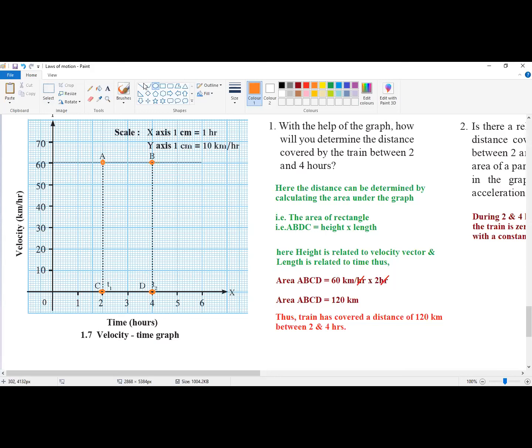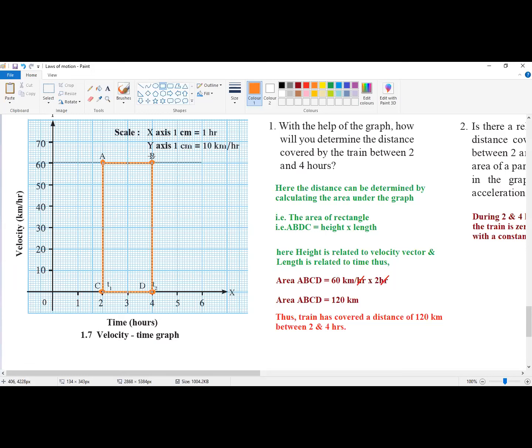If we connect these points together, we get this area, which we call the area under the graph. And this area is nothing but a rectangle, A, B, D, C, or A, C, D, B, as given.